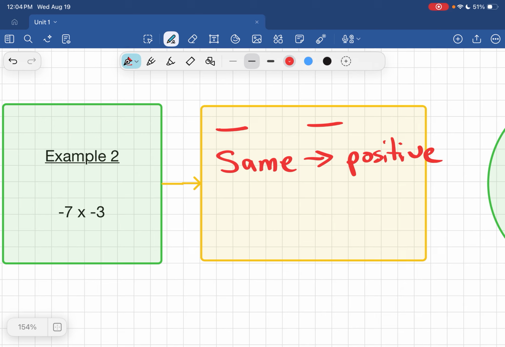Now just multiply the numbers. 7 times 3 equals 21. Negative 7 times negative 3 equals positive 21.